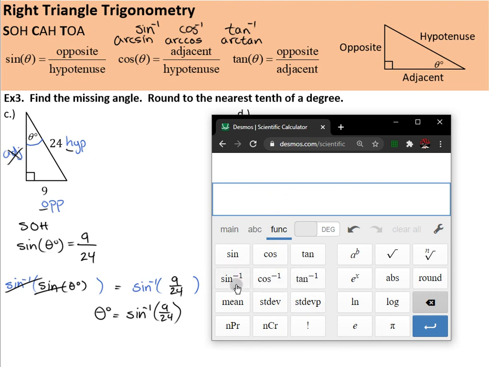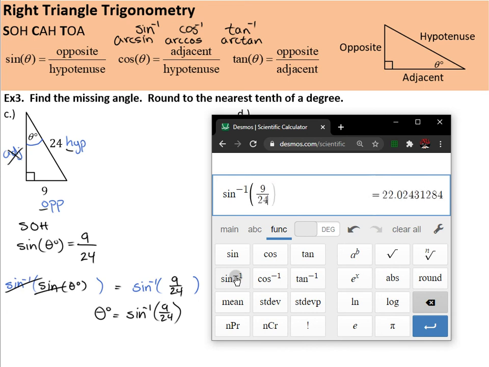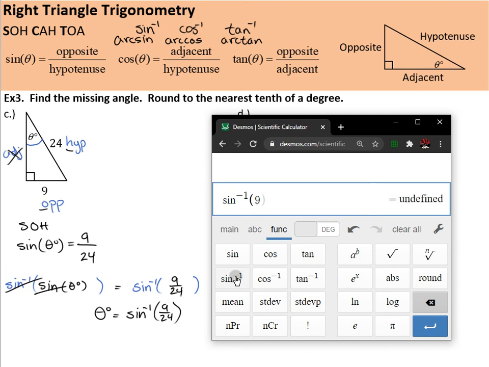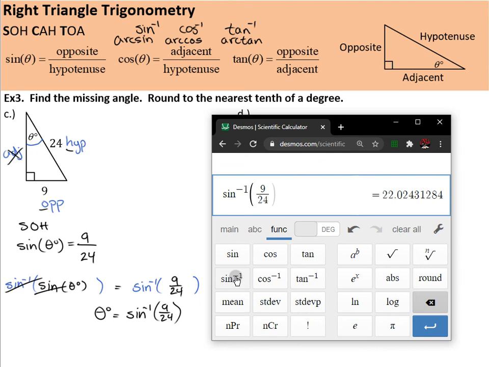So here we're going to do the inverse sine of 9 divided by 24. And this ratio, by the way, sine can never be bigger than 1. So you probably saw it said undefined until I wrote 24. So this value always has to be less than or equal to 1 for sine.